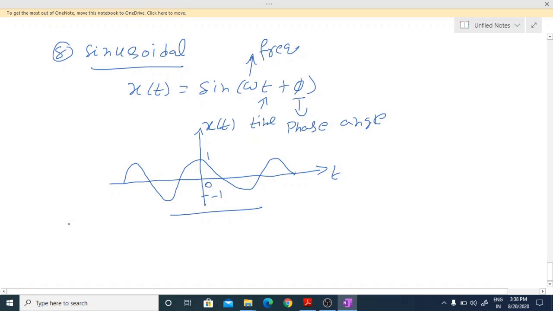Next, we can also represent this signal in the discrete case as x of n versus n. We can represent it in the discrete case as this one.